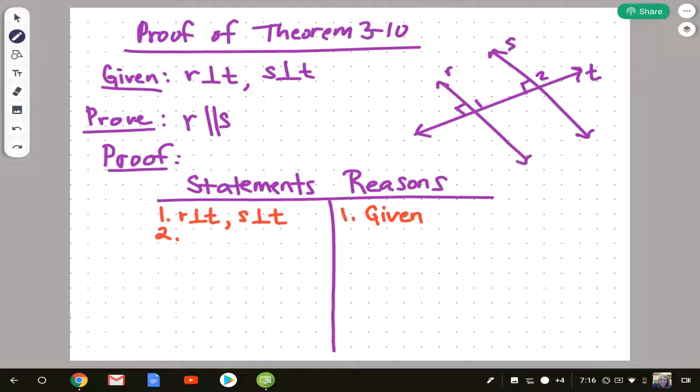So there's one that's marked here, but angle 1 could also be marked with that same marking, and so it has to also be a 90-degree angle. So I can say that angle 1 and angle 2 are right angles, just by the definition of perpendicular.